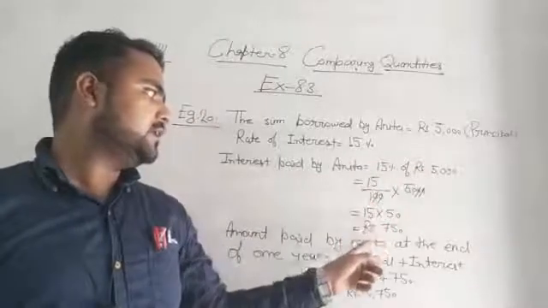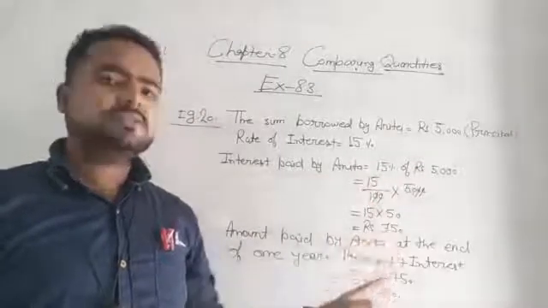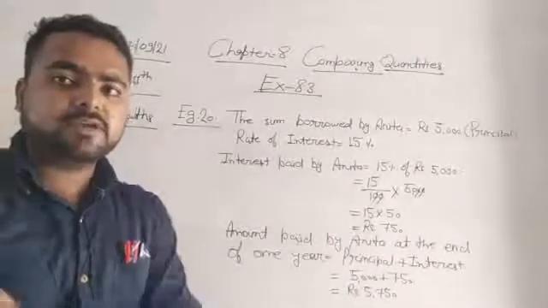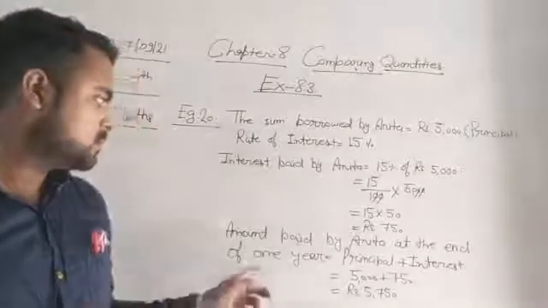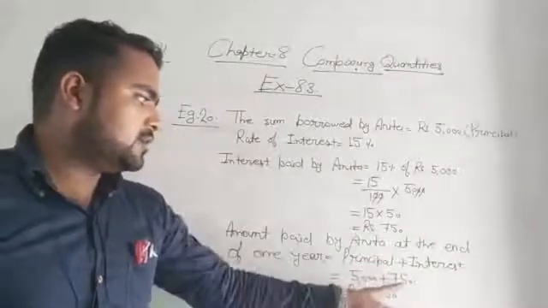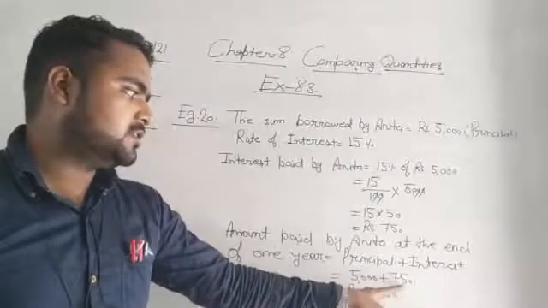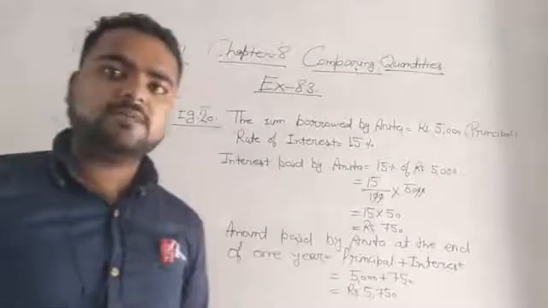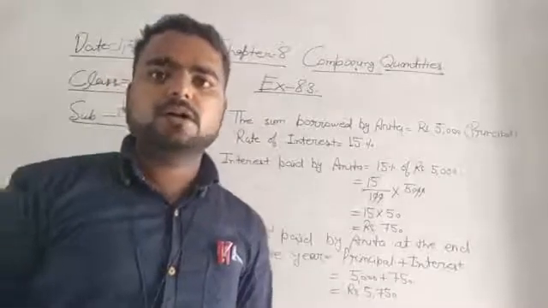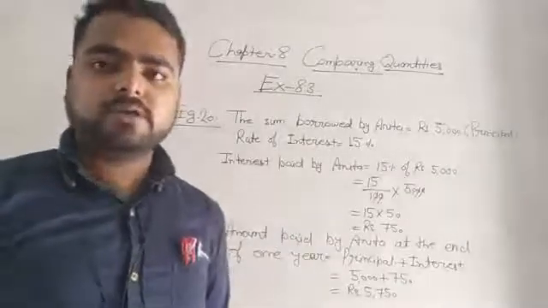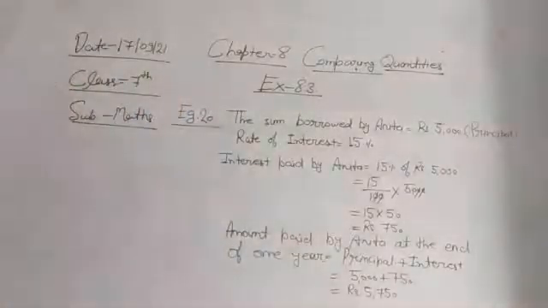So here we calculate the interest is rupees 750, and what amount did Anita pay to the bank is principal plus interest. Principal is 5,000 and interest is 750. So 5,750 is the amount paid by Anita to the bank. Okay, so note it down.